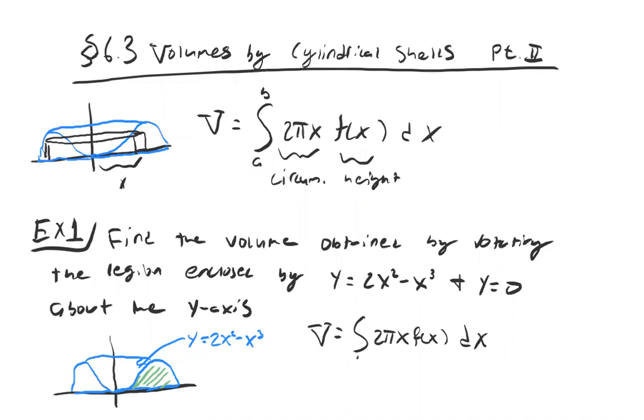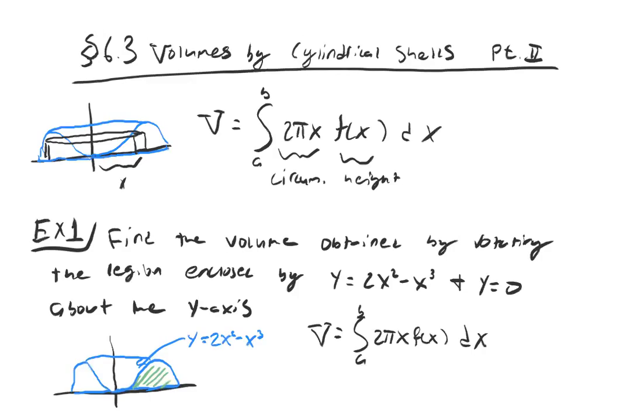Now I have the integral from a to b. Let's figure out what our integration bounds are first. You can set up the integral first if you want, but we're going to need to find these bounds eventually. Looking back at this picture, I'll be integrating along the x-axis down here.